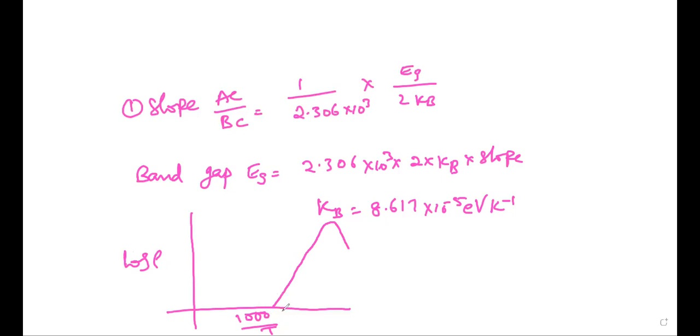So here the unit is Kelvin inverse. Like point B and point A like this, we can draw a slope. This is point C.